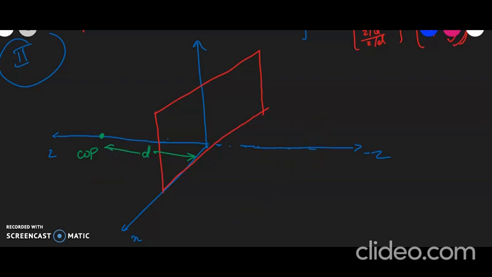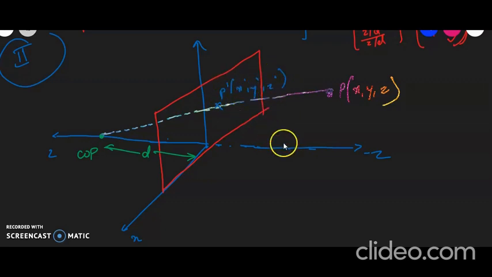My point is out here, that is P, x, y, z, and I want to project it on my view plane taking the center of projection. Now can I get the values of your p dash, that is x dash, y dash and z dash, right? So I'll just put it here.